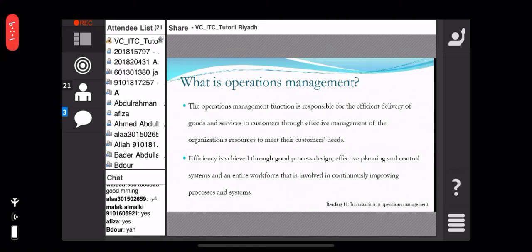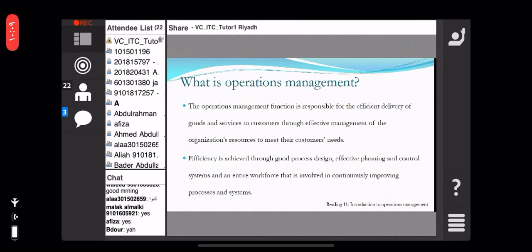So operations management is responsible for the efficient delivery of goods and services to customers. The function of operations management is basically responsibility for efficiency.